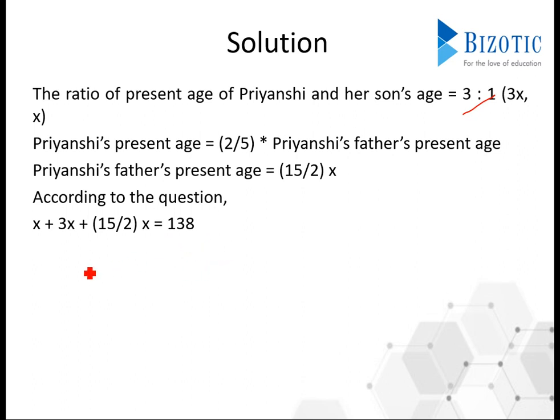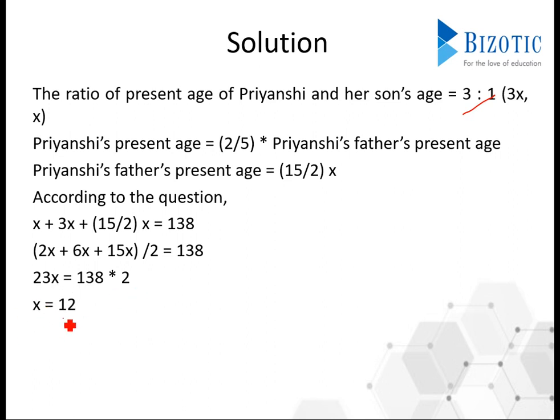Why 138? As I told you, it should have been divided by 3 is equal to 46, so we have just simplified it. The sum of all of their present ages is equal to 138. Next, multiply and divide by 2, so that will give you the equation 23x is equal to 138 into 2. Very simple: twice of 138 divided by 23 will give you the value 12.